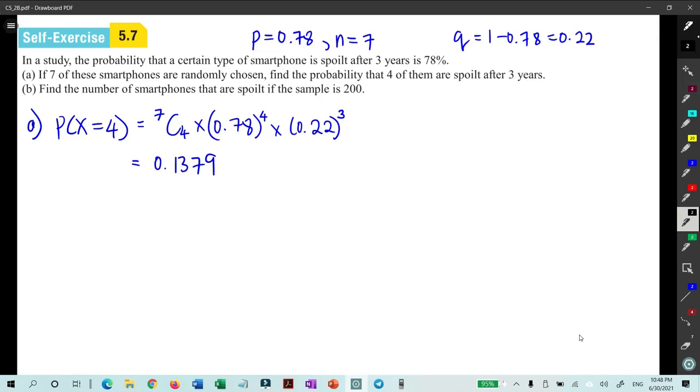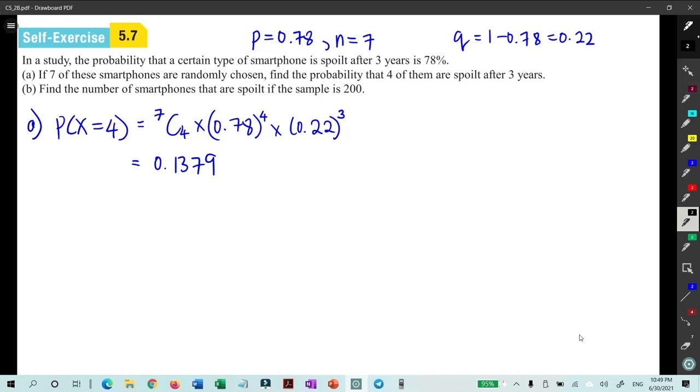78% is the probability of the smartphone spoiled for the population. I mean for the bigger sample. Okay, but for a sample of 200, the probability of a handphone spoiled we calculate based on section A. Because out of the 7 handphones, 4 handphones are spoiled.